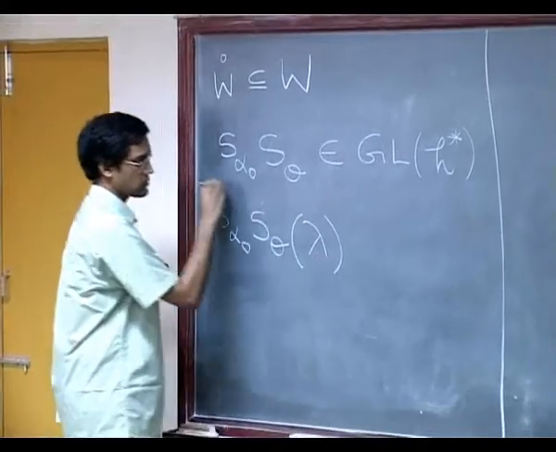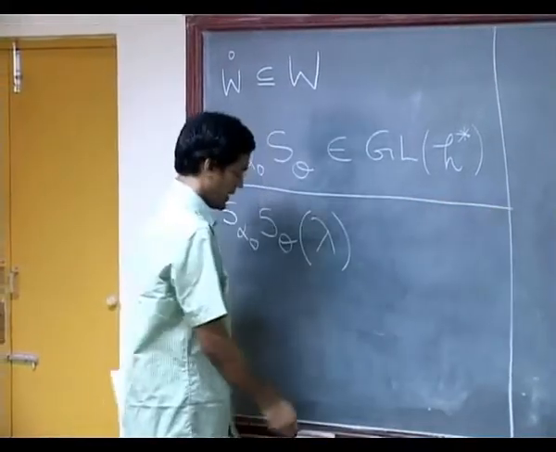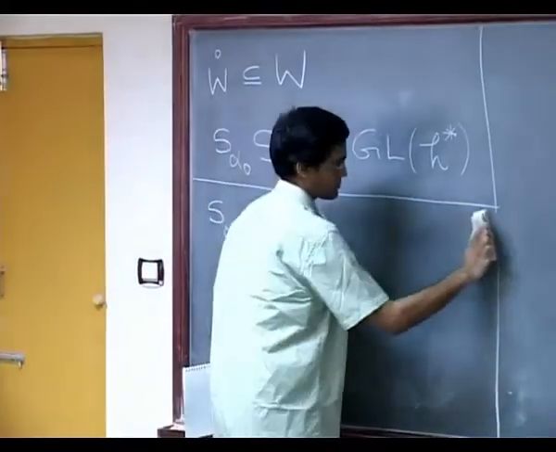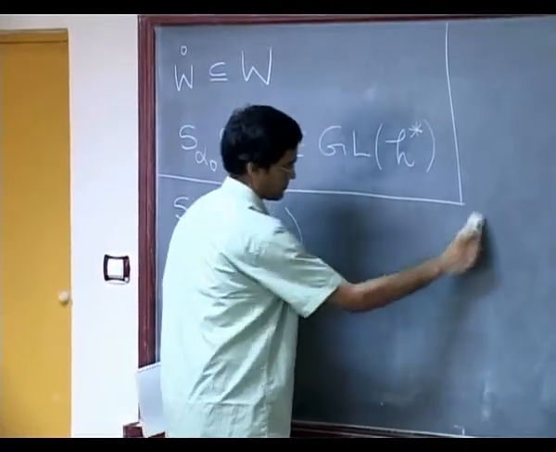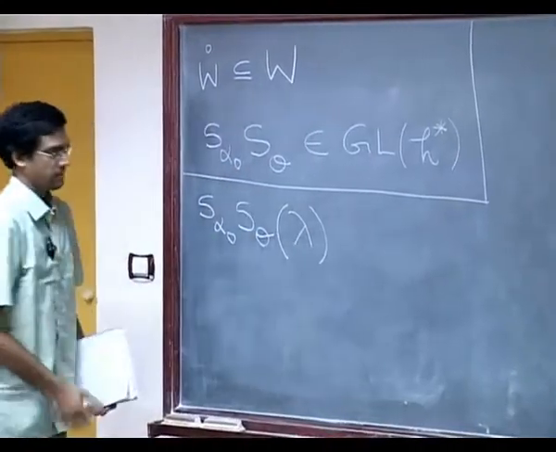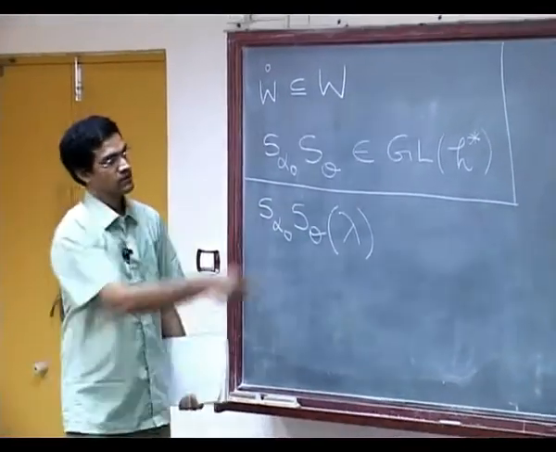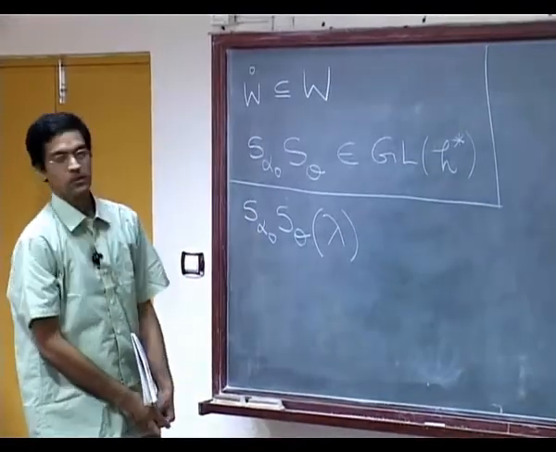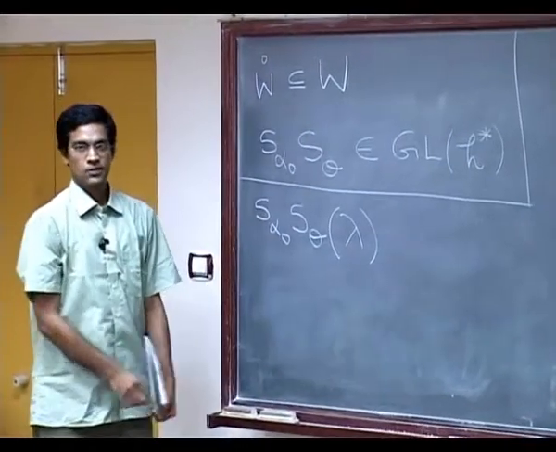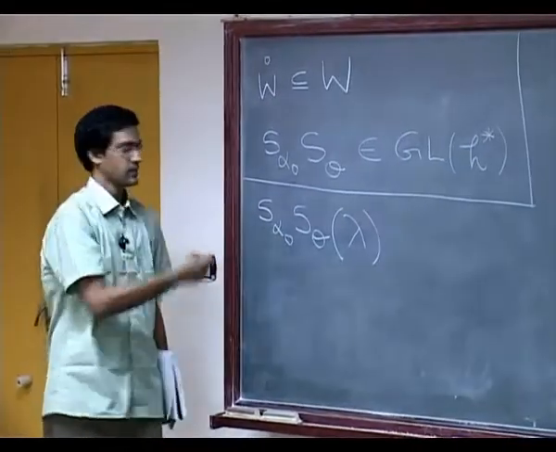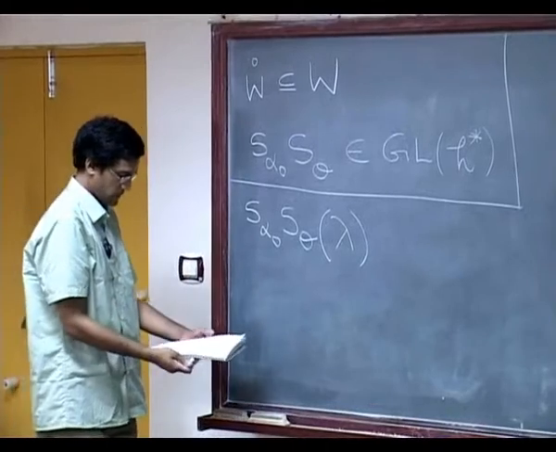I take any element of H star and calculate this by applying my formula, which is boxed on that far board, sequentially one after the other, and see what it gives me.